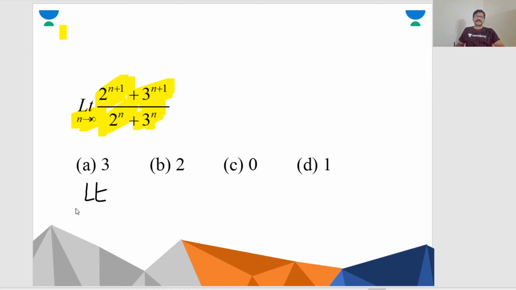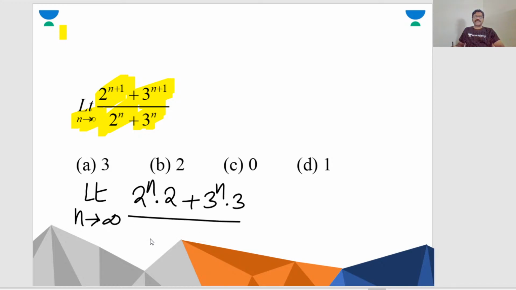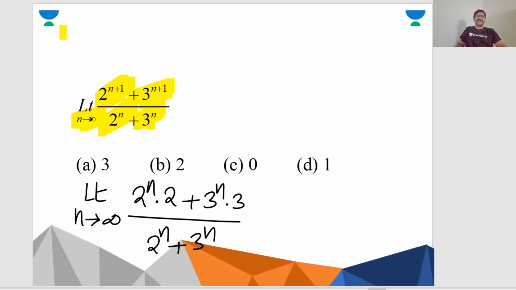Limit n tends to infinite, 2 power n plus 1 can be written as 2 power n into 2, and 3 power n plus 1 can be written as 3 power n into 3, by 2 power n plus 3 power n. Here, take 3 power n common in the numerator as well as in the denominator.